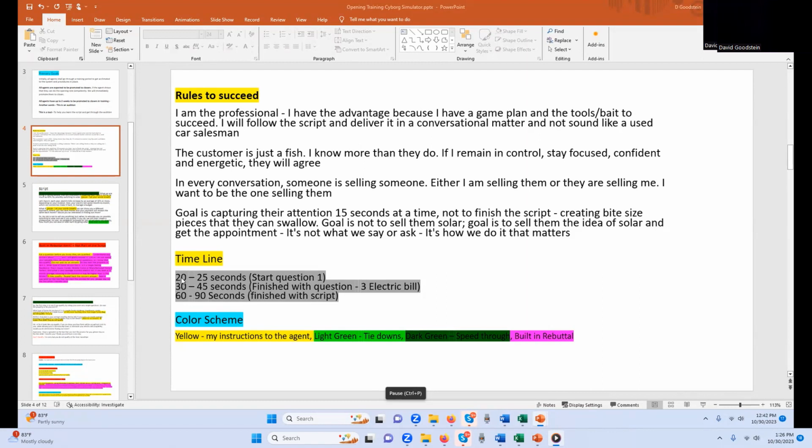If you don't finish the script within 90 seconds, you are doing something incredibly wrong. Number one, either you're not following the script and making up your own, your pacing is too fast or too slow, and you're having to repeat yourself, wasting valuable time.